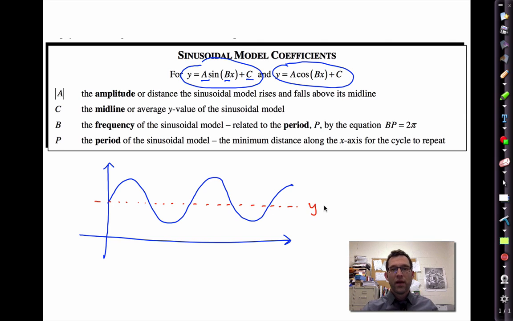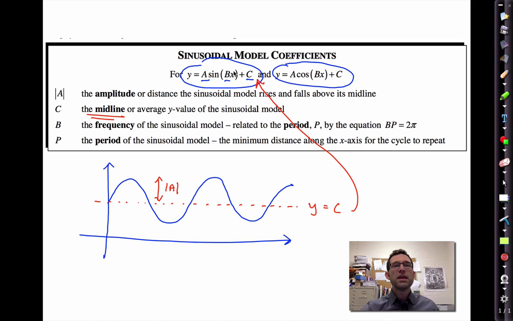The C value is my midline. It's that horizontal line that the trig curve rises above and falls below. The A, or more appropriately its absolute value, is what's called the amplitude. It's how high above the midline and how far below the midline the trig curve travels.